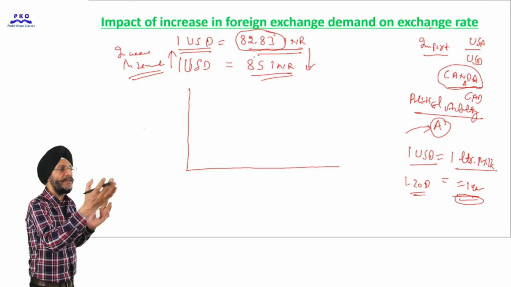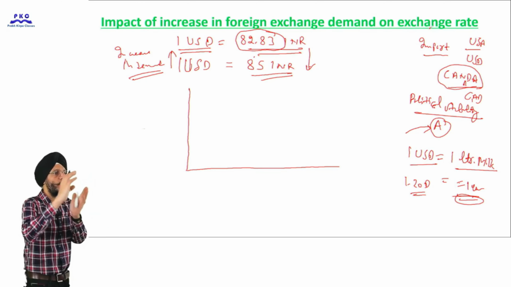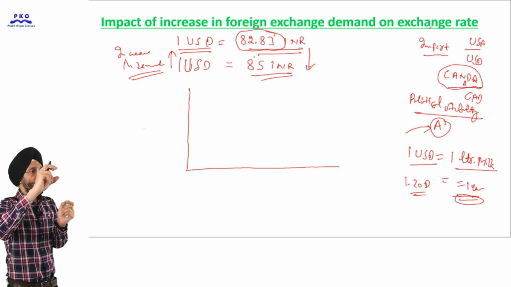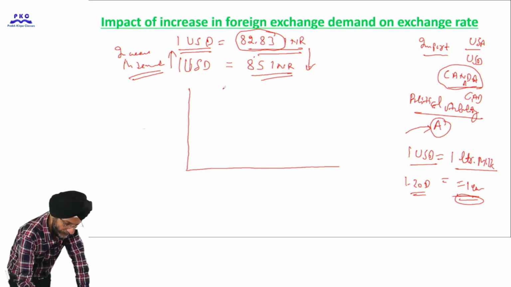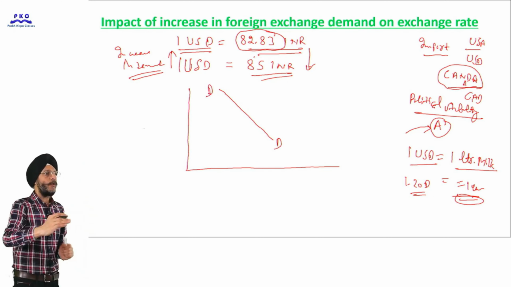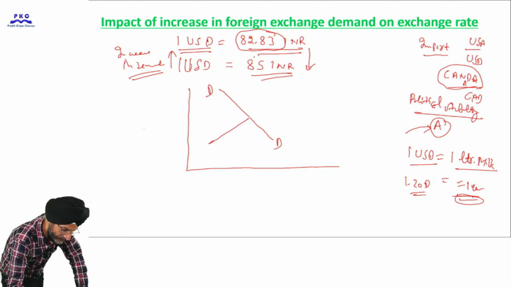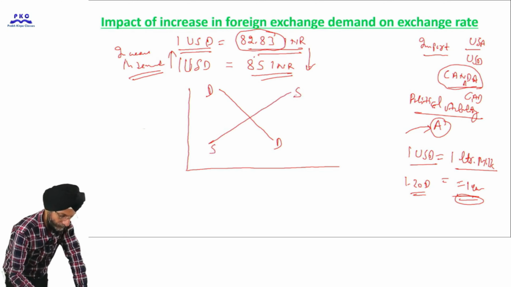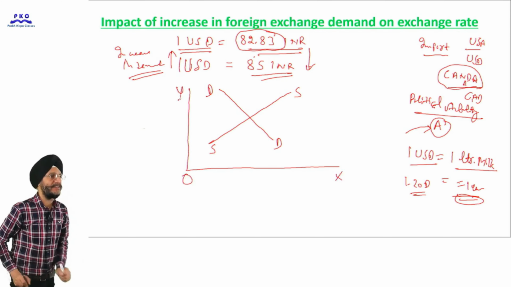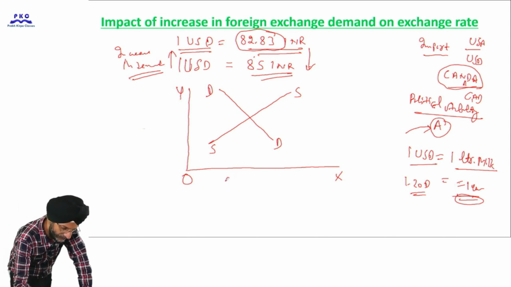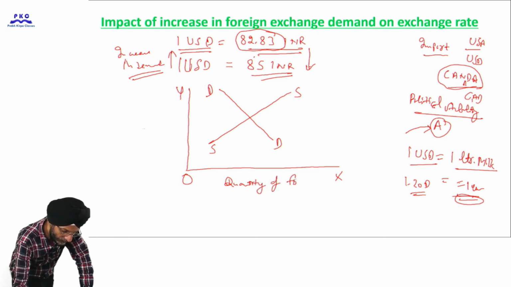That is, if the demand increases, what effect is there on the price, or the exchange rate? As you know, this is the demand curve, which is downward sloping. This is the supply curve, which is upward sloping. OX is the x-axis, OY is the y-axis. Here it is the quantity of foreign exchange demanded.